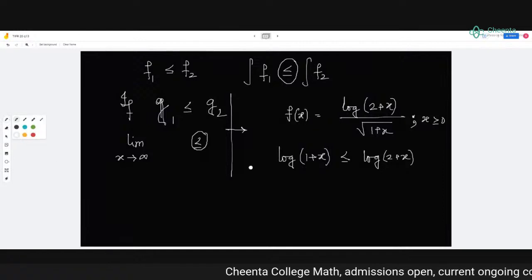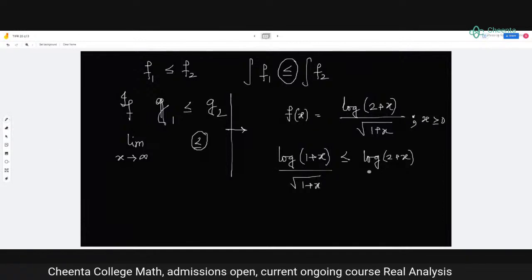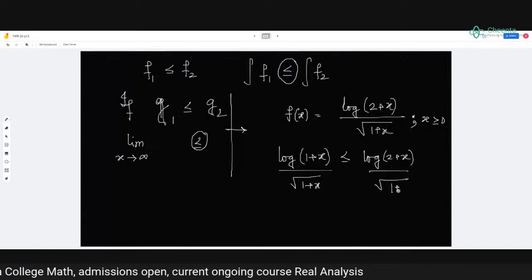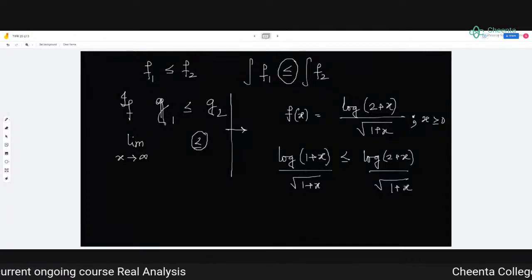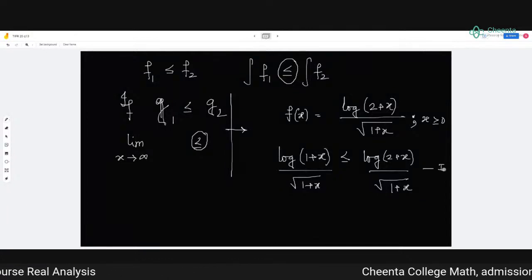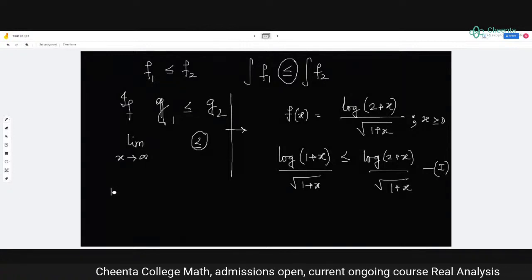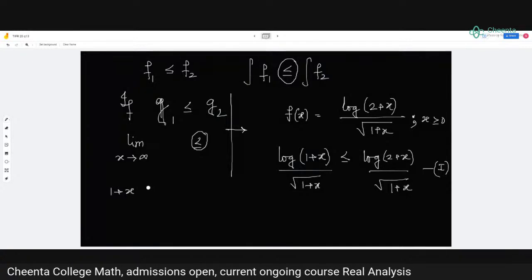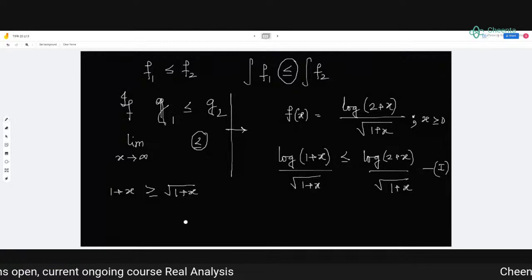So now if I take this, with 1 plus x and root of 1 plus x, everything remains as it is. Let's call this 1. Now again, we all know that since x is greater than or equal to 0, 1 plus x is greater than or equal to root of 1 plus x, right?